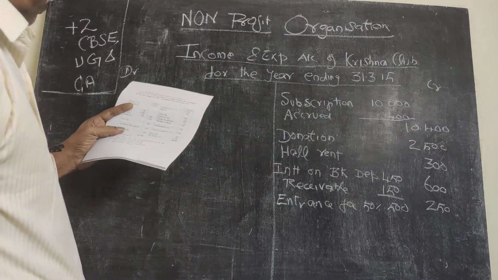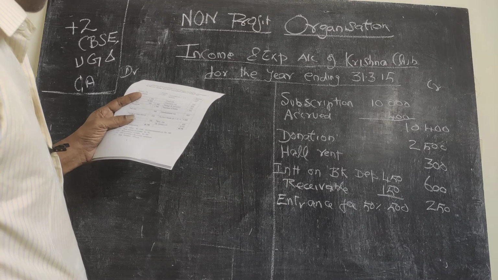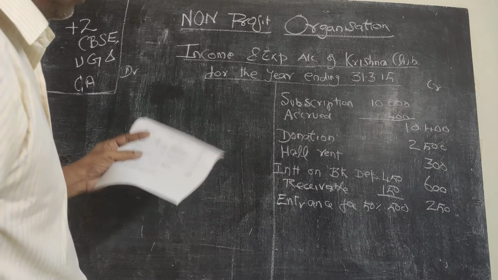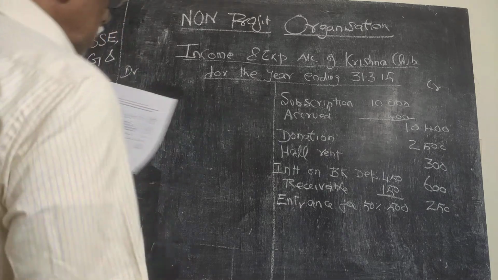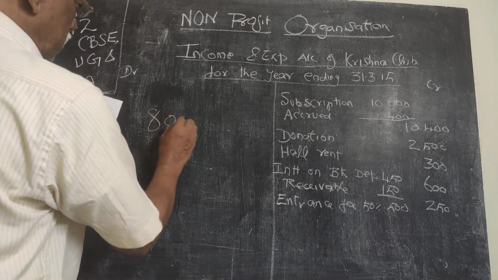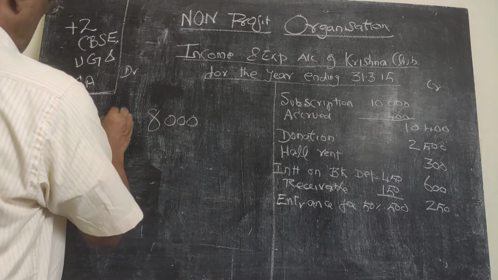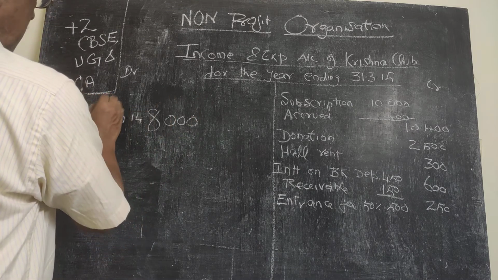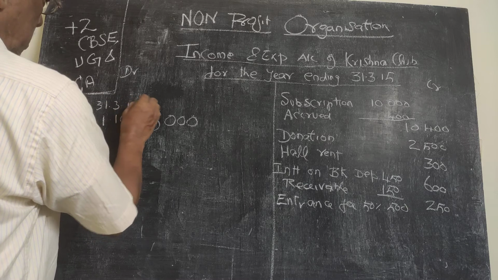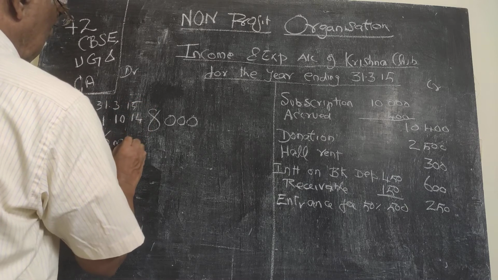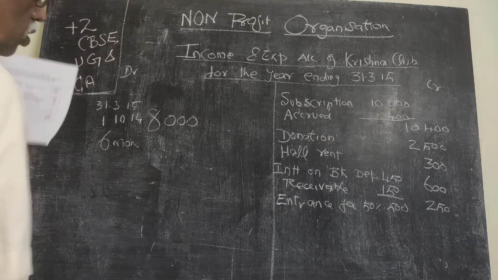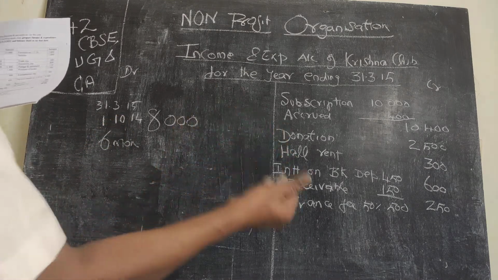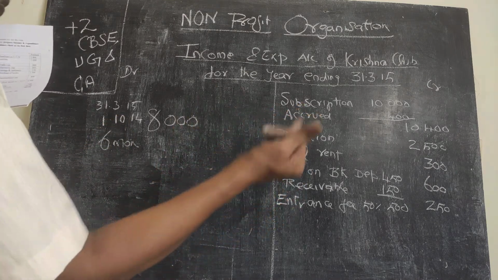Now, looking at the payment side, 5% government bonds we have purchased on 1/10/14, 8,000 rupees worth. So as on 31st March 2015, 6 months interest is due but not received: October, November, December, January, February, March, 6 months.